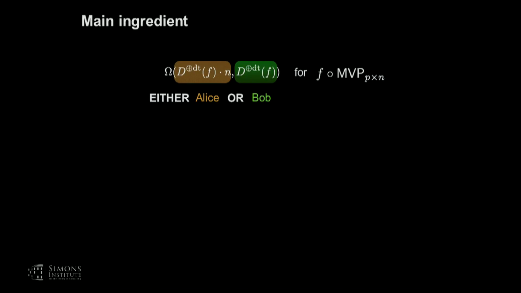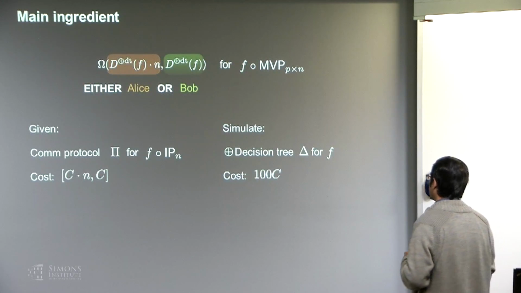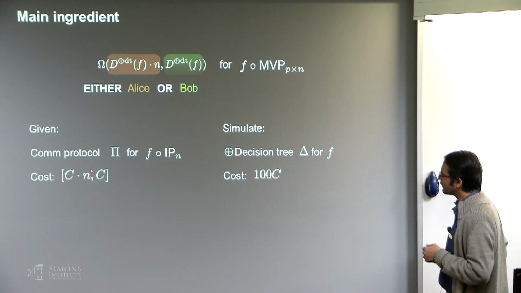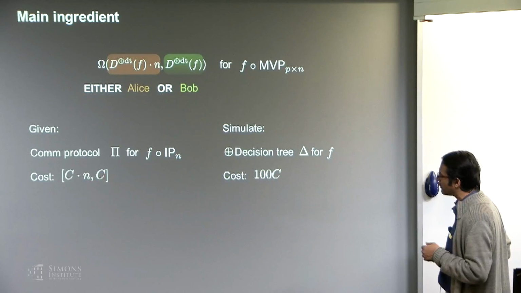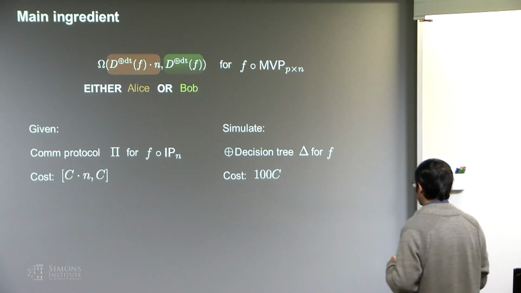So what's the main ingredient of our argument? The main ingredient is, as in various works on lifting theorems, given a protocol of this form, where Alice sends at most c times n bits and Bob sends c bits, we can take this protocol and extract a parity decision tree for f with cost about 100 times c. So if I knew that Alice sent c times n and Bob sent c, then I can extract a parity decision tree for f of cost at most 100 times c.